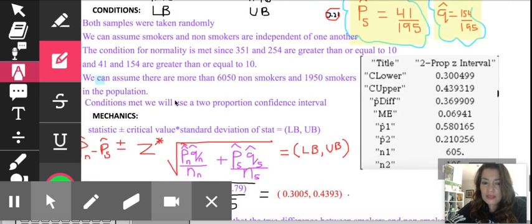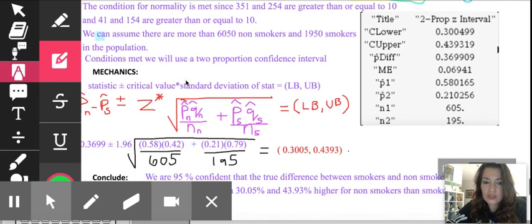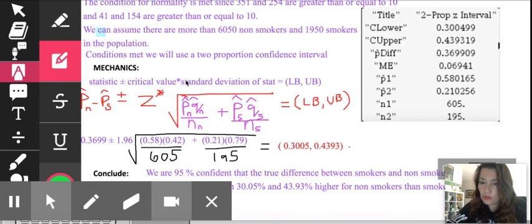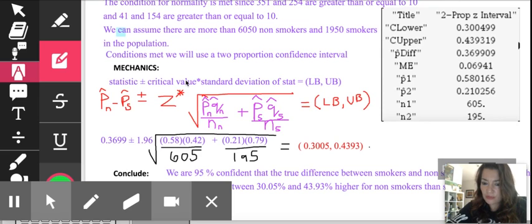In our last condition, we can assume there are more than 6,050 non-smokers and 1,950 smokers in the population. So we basically state and check the conditions for each proportion for each sample, the non-smokers versus the smokers. Once we have done that, we say conditions met, and we will use a two proportion confidence interval.